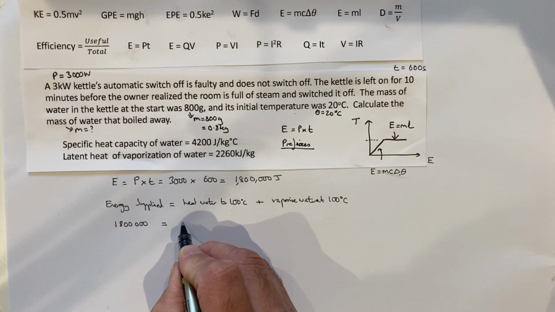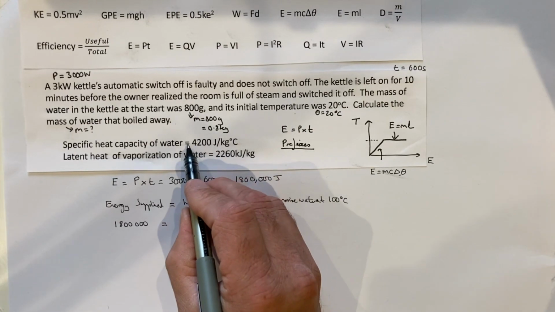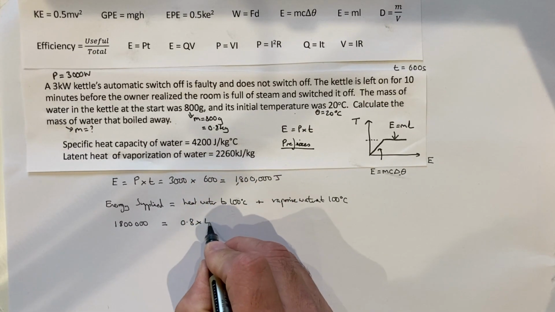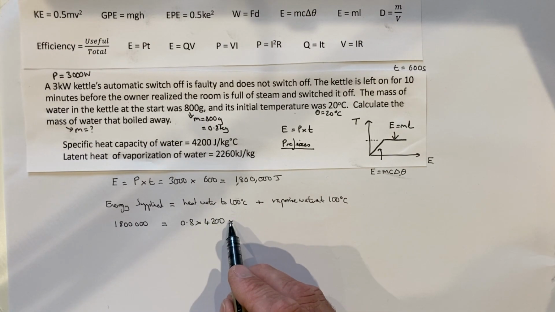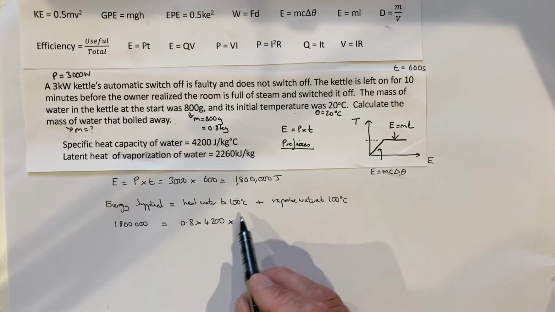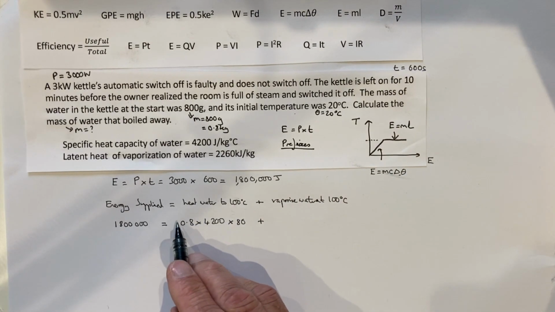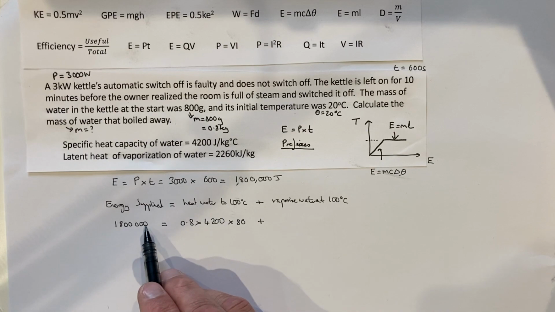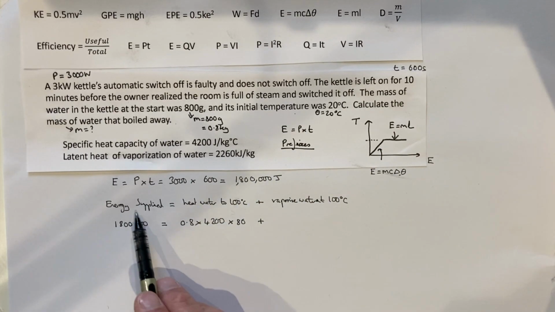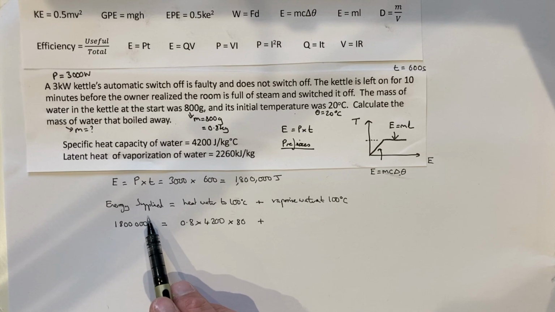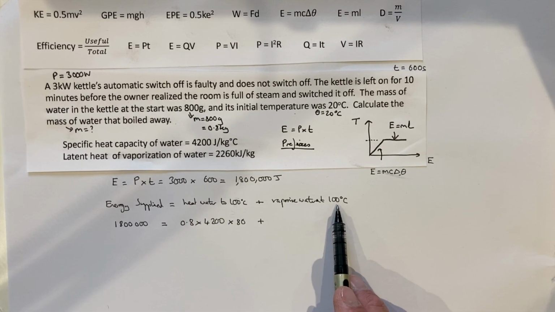So we've got 0.8 times the specific heat capacity of water, which is 4,200, times the temperature rise, which is from 20 to 100, which is 80 degrees. And that will give me the total energy that I've used out of that amount to heat the water up to 100. The rest of that energy, before the kettle is switched off, will be used to vaporize the water.